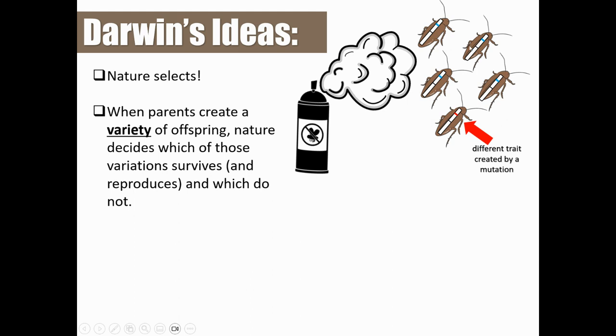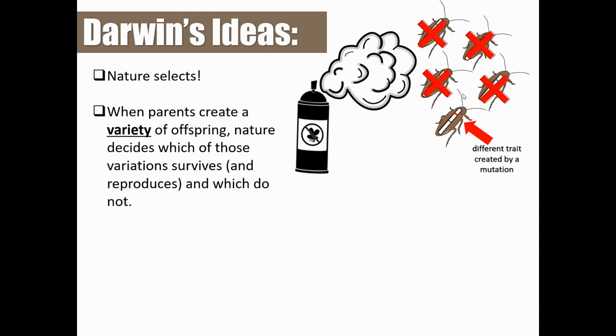And we have a pesticide we're going to spray on this colony of roaches, and this pesticide is designed to target the blue alleles in this particular picture, which it does. But this mutated version happens to survive this pesticide. And so this roach is going to survive and it's going to reproduce.